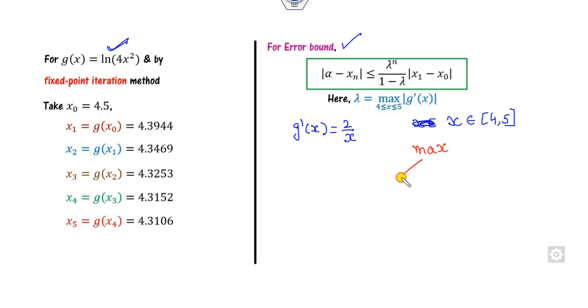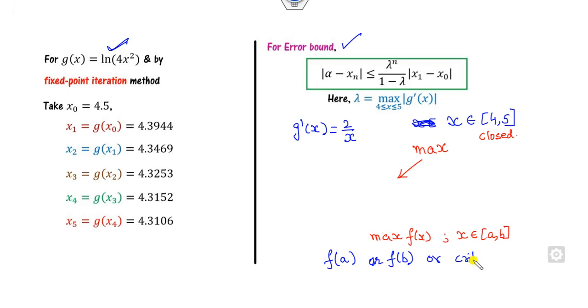We all know whenever there is a closed interval, if you have to find the maximum of f(x) where x belongs to the closed interval a comma b, then the maximum occurs either at f of a, or at f of b, or at a critical point. What is the meaning of the critical point? You have to take the point where the derivative is 0. Now you need to find the maximum of 2 by x.